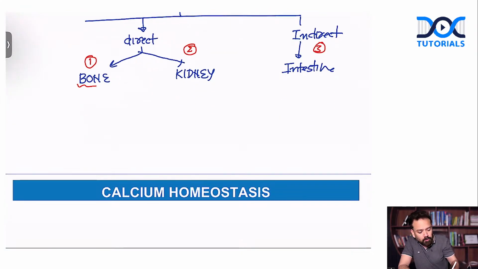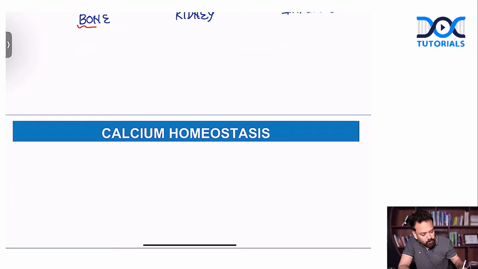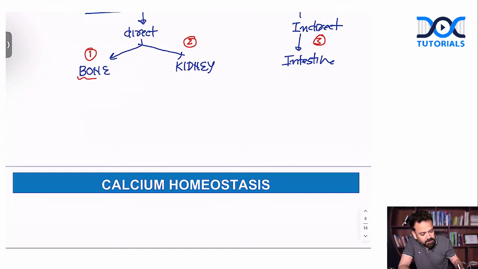Now regarding the bone, you will tell me, parathormone acts on which cell of the bone? If I ask you, parathormone is going to act on which cell of bone? What will be your answer? Osteoblast or osteoclast or osteocyte?